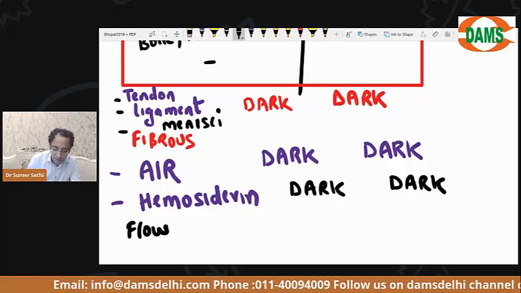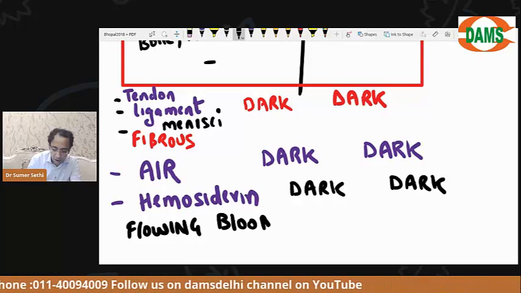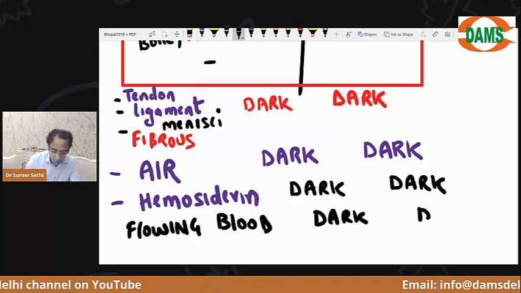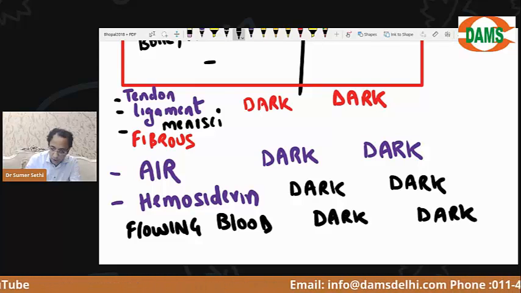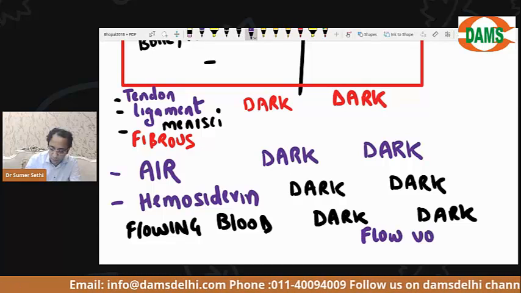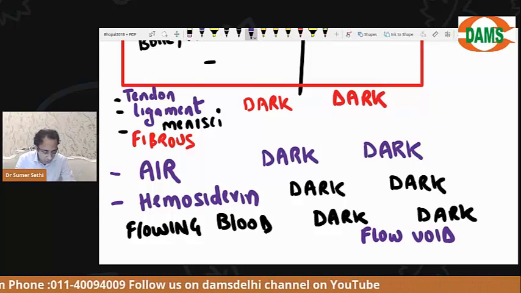If there is blood flowing in any blood vessel, that blood vessel will appear dark on both T1 and T2 weighted image. This is called flow void.